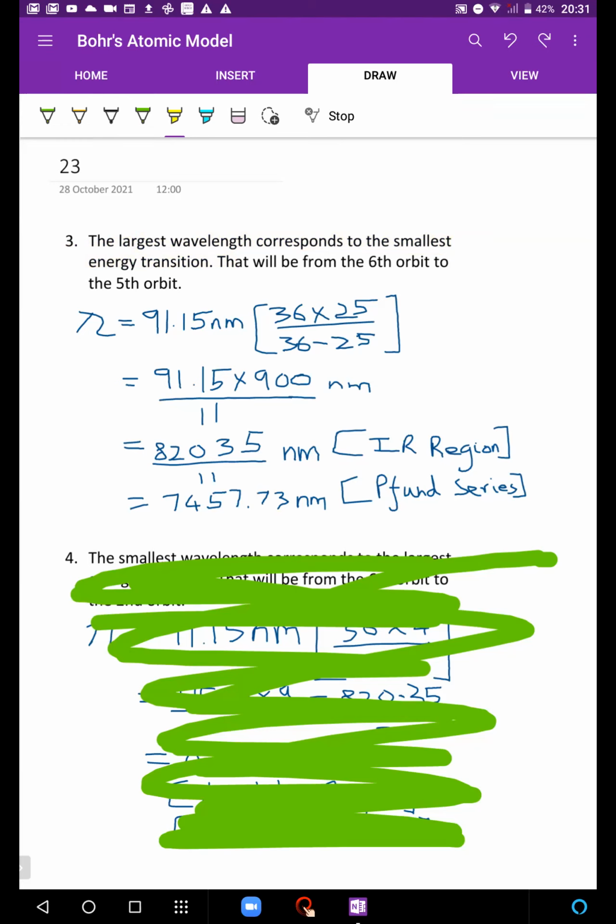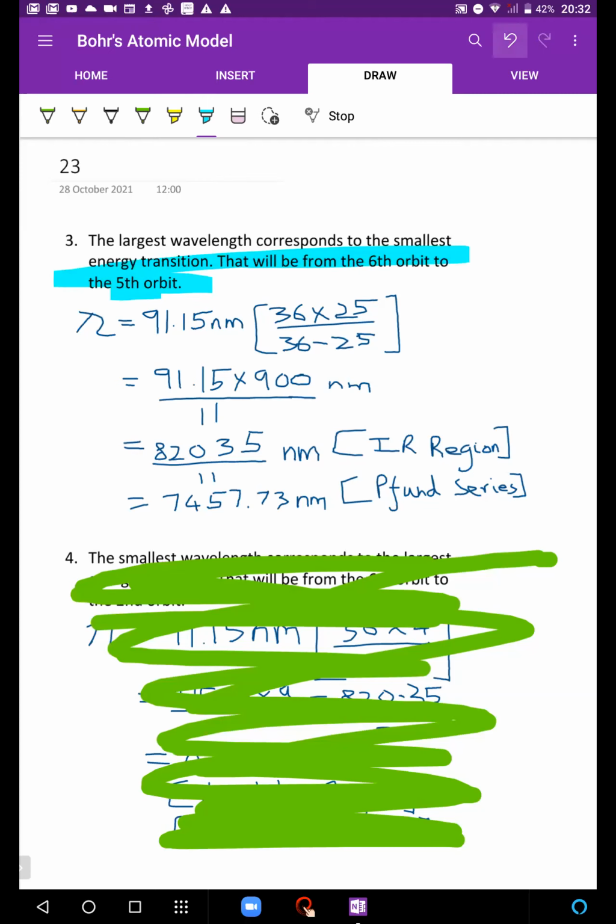And the lines get closer and closer as you go up. Out of 6 to 5, 5 to 4, 4 to 3, the smallest is 6 to 5. So the largest wavelength corresponds to the smallest energy transition, which will be from the 6th orbit to the 5th orbit.